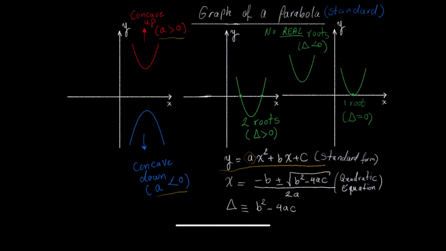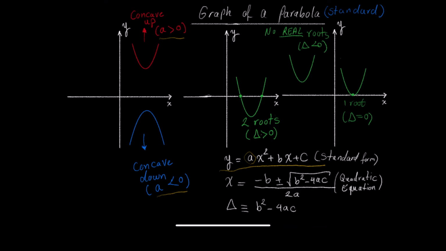The second thing is the standard form enables us to use the quadratic equation. The quadratic equation reveals the roots or the x-intercepts of the parabola. Now, I have another lesson for the derivation of this equation, starting with the standard form.